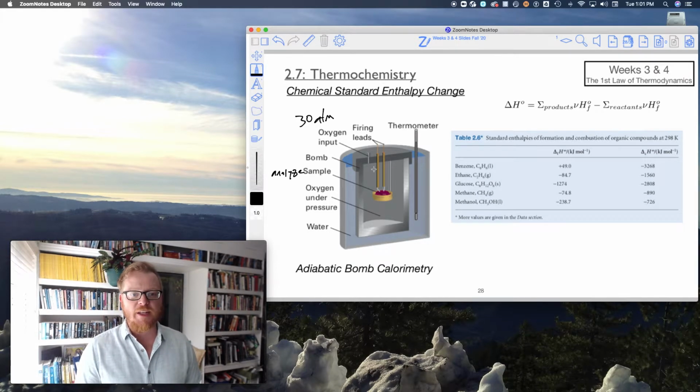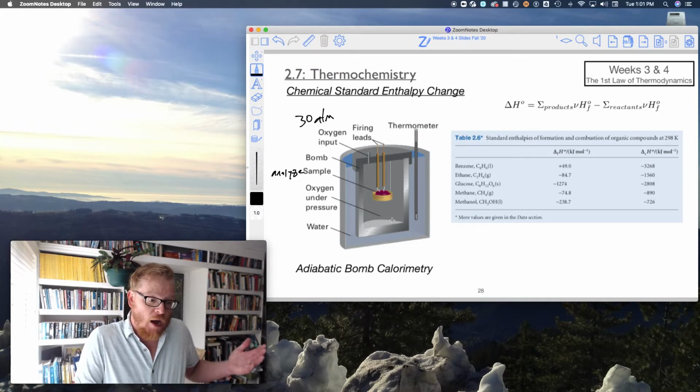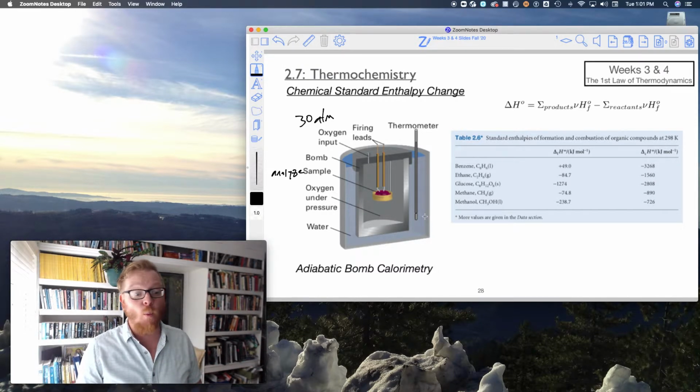Okay, so now surrounding the bomb is a water bath. And you notice the thermometer is not in the bomb itself because it would blow up. So the thermometer is in the water bath. And so what happens once you fire the bomb and it explodes the material, the heat from this is allowed to go into the thermometer, okay?